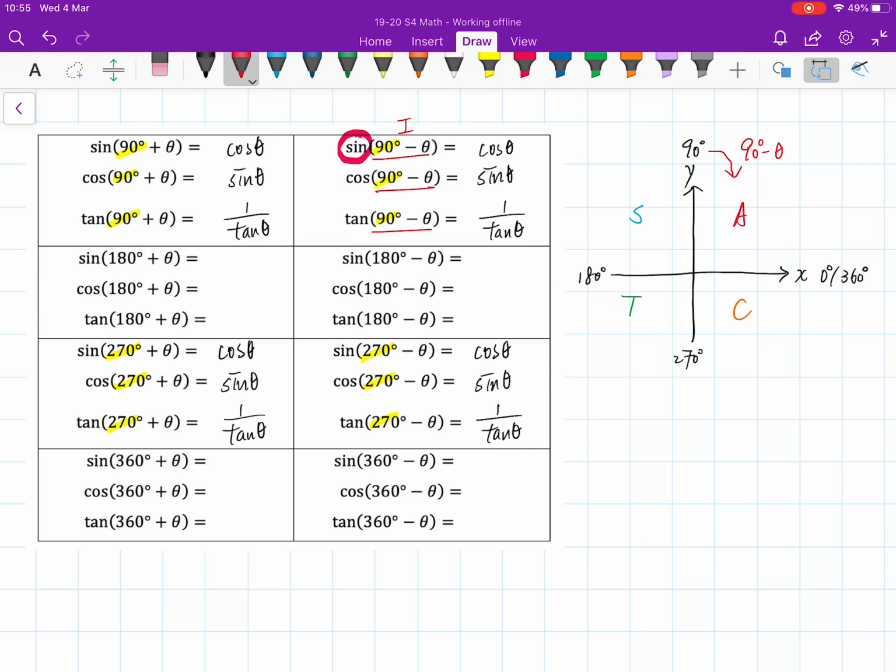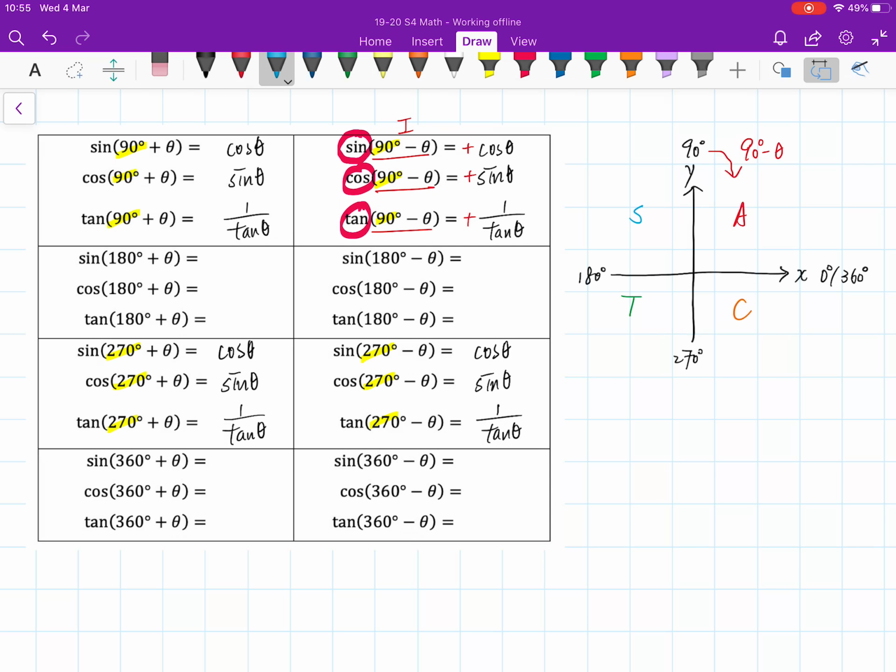Okay, the answer is positive. So similarly, for cosine in quadrant 1 is positive, and tangent in quadrant 1 is also positive. Then we have finished the transformation for 90 degree minus theta.